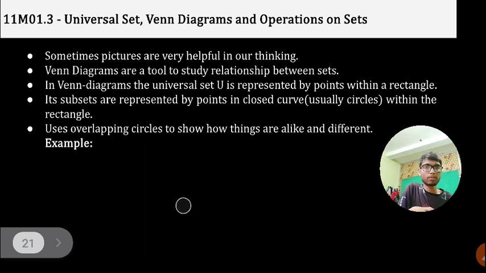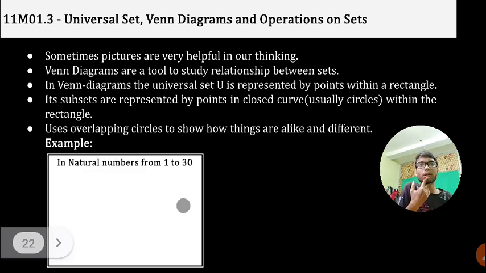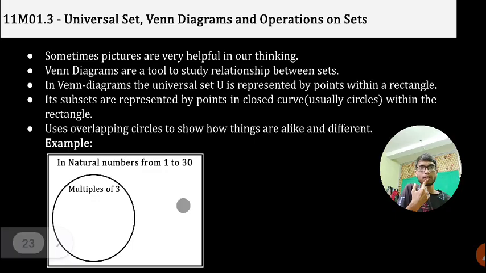Now examples: natural numbers from 1 to 30. Here, multiples of 3: 3 ones are 3, 3 twos are 6, and so on, up to 27 and 30. These are all natural numbers from 1 to 30.